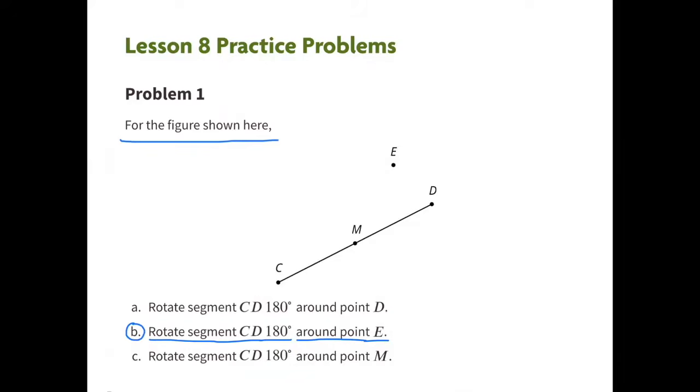B. Rotate segment CD 180 degrees around point E. With point E as the center, rotate segment CD 180 degrees. The segment is above point E and is parallel to segment CD.